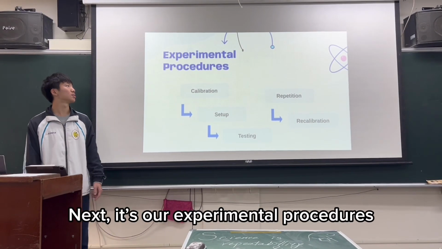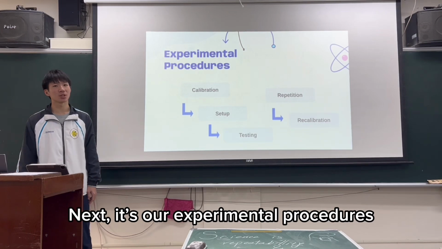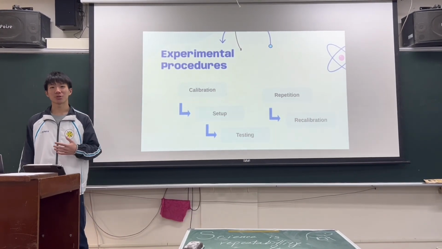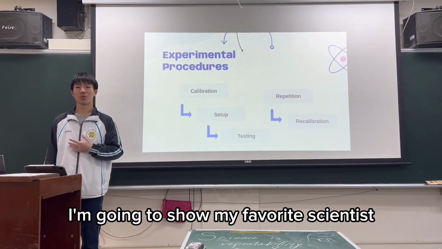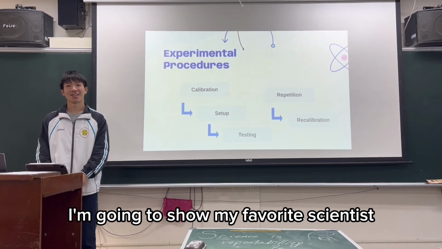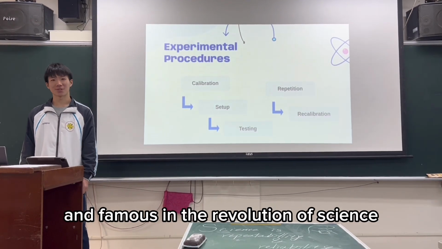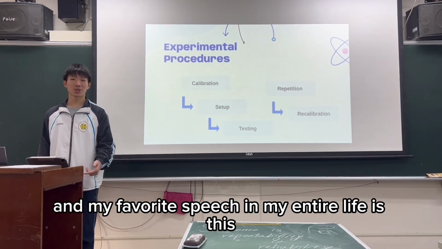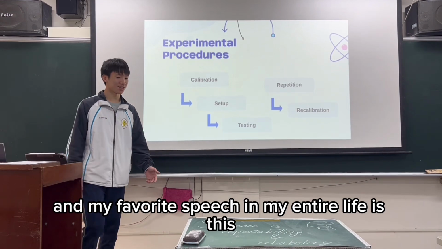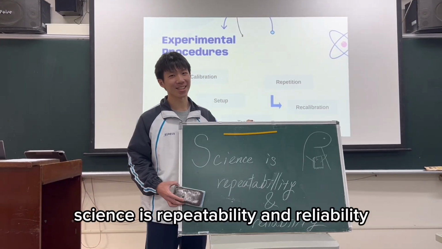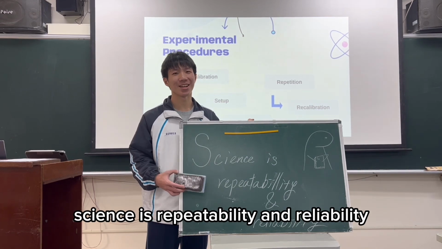Next is our experimental procedures. Before we talk about this, I'm going to show my favorite scientist. He was born in America and is famous for the revolution of science. My favorite speech in my entire life is this: science is repeatability and reliability.